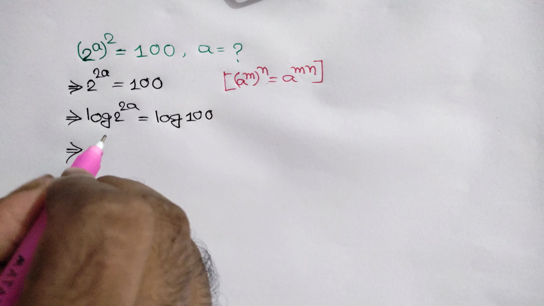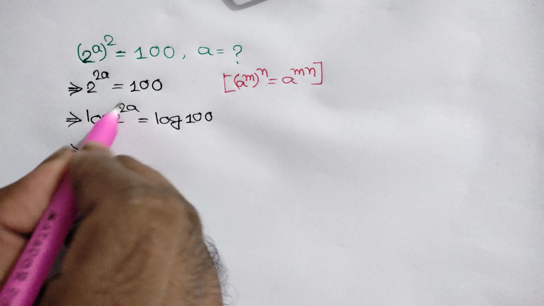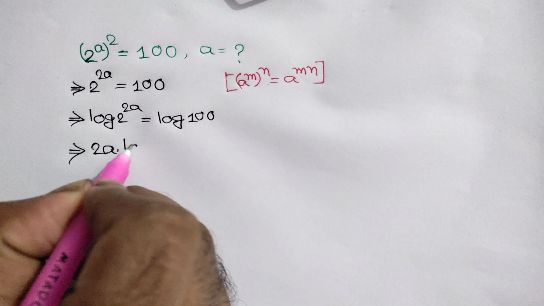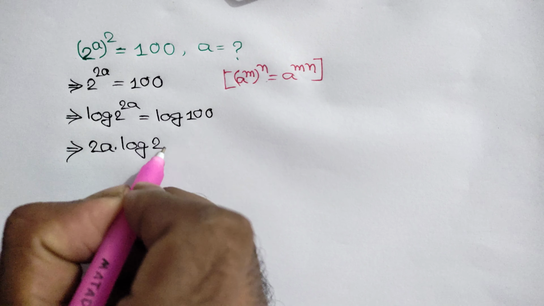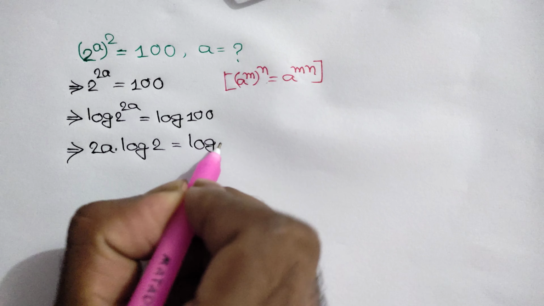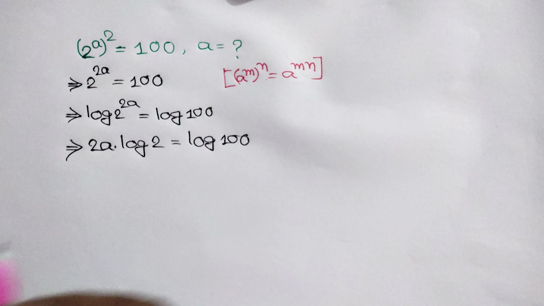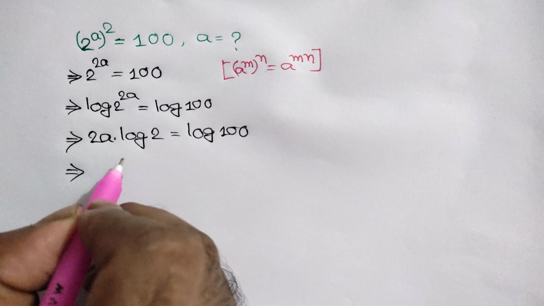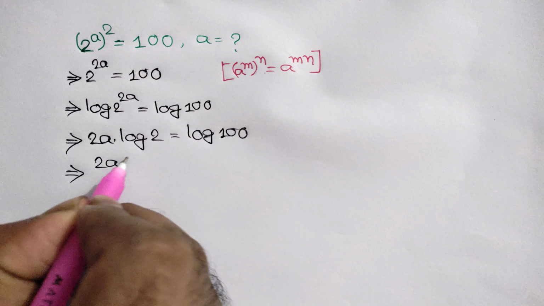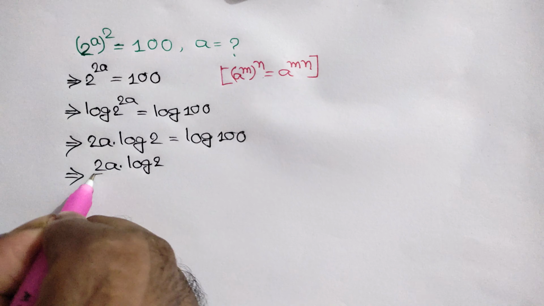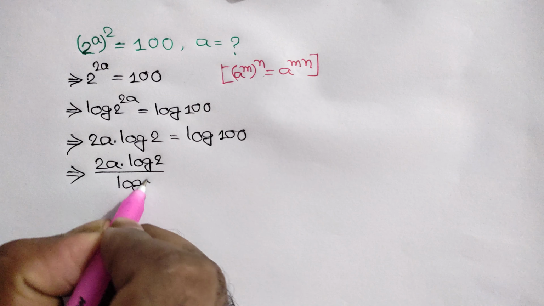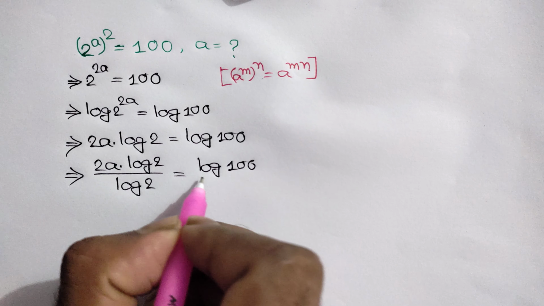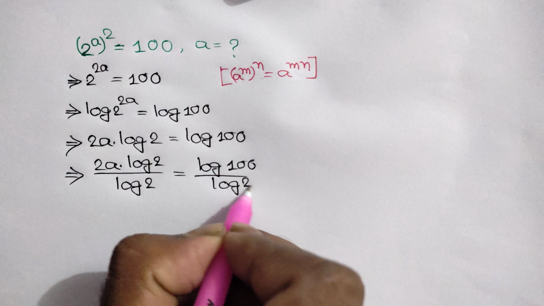Now using the logarithm formula, the exponent moves in front, so we can write 2a times log of 2 is equal to log of 100. Now divide both sides by log of 2: 2a times log of 2 all over log of 2 is equal to log of 100 over log of 2.